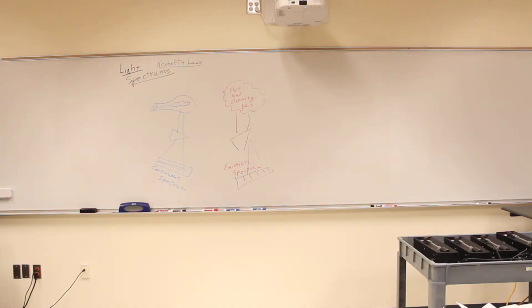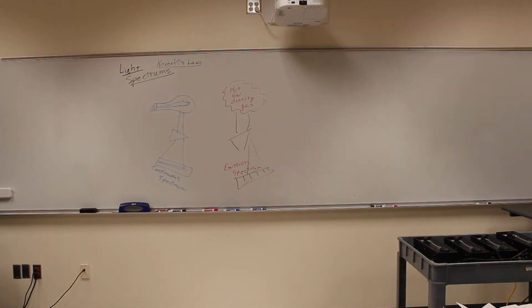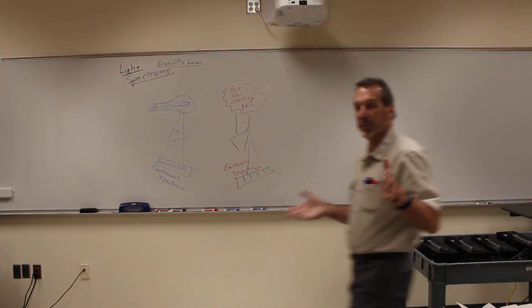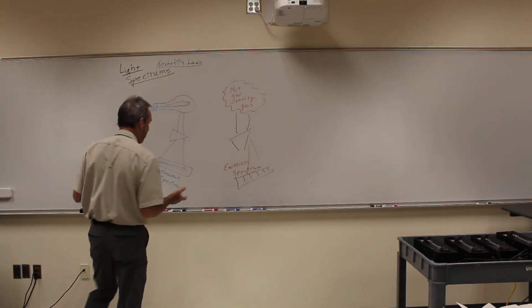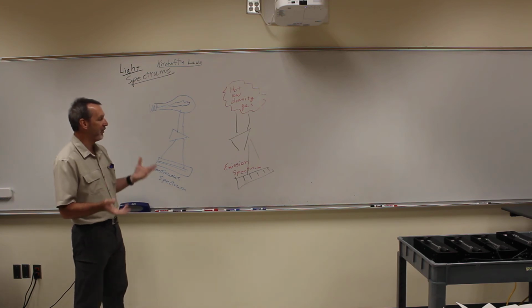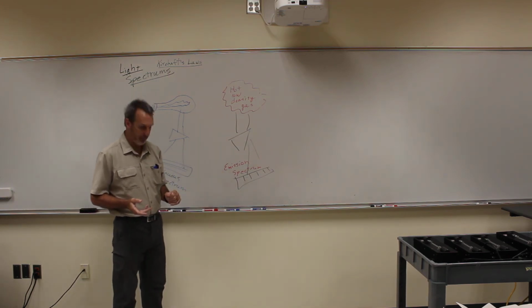So that's why stars and galaxies, even though they're millions of light years away, we can tell you what they're made of. We can tell you what elements are contained in it, and we can tell you how much of those elements because of their spectrum.